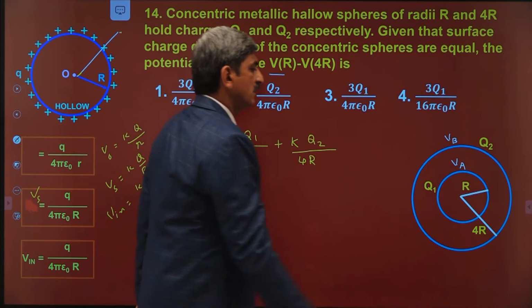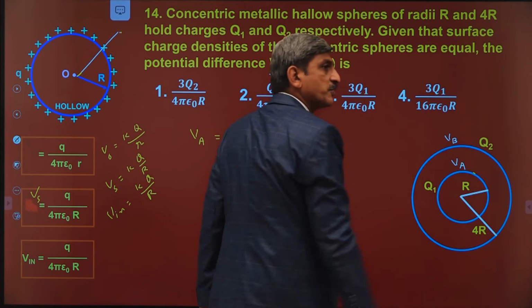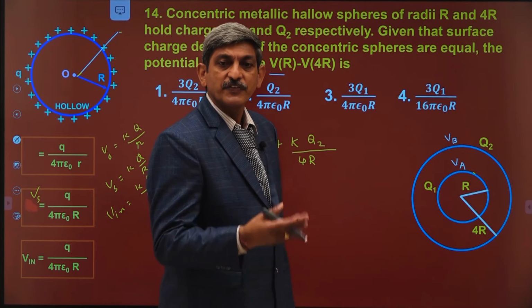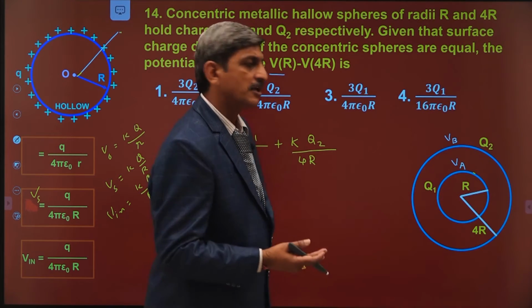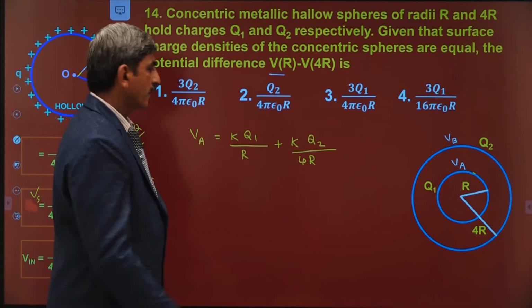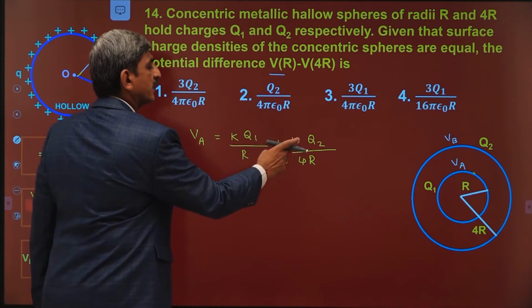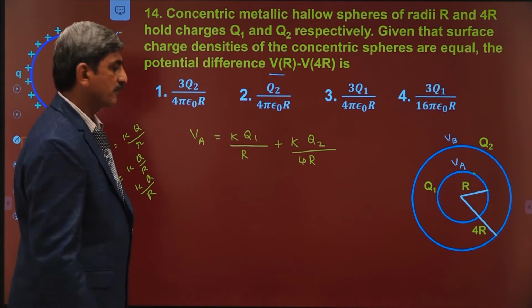Why? Because this point is located inside the second sphere, and the potential on the surface and inside the sphere are the same. So Va is equal to kq1 by r plus kq2 divided by 4r.